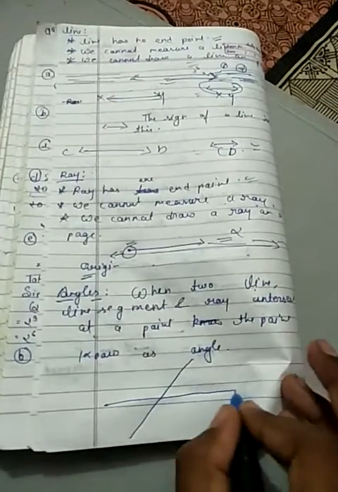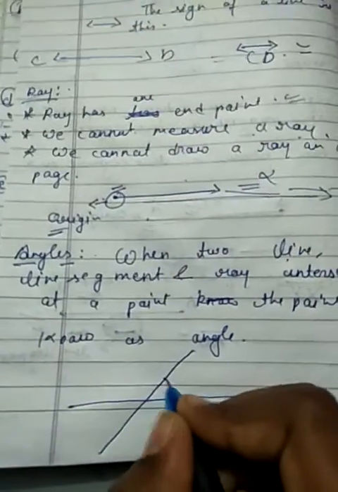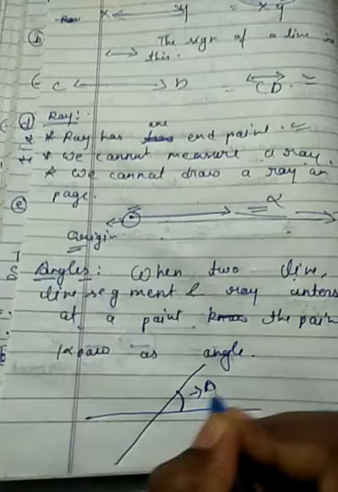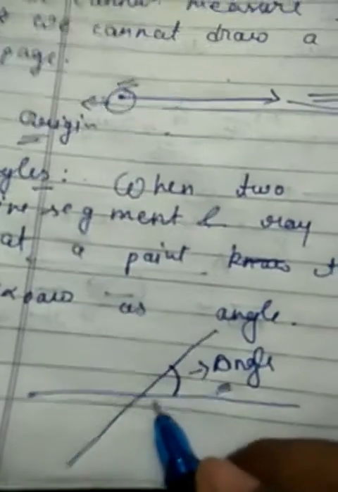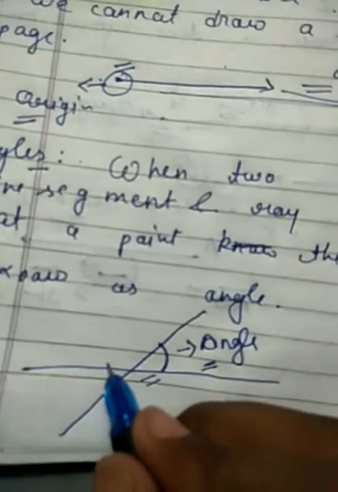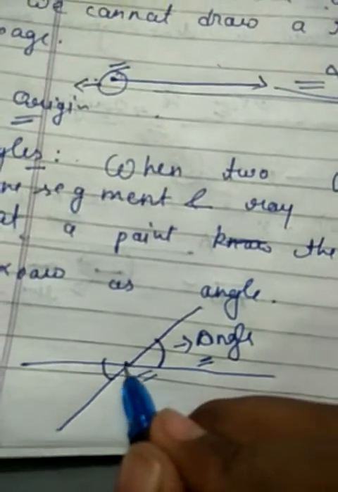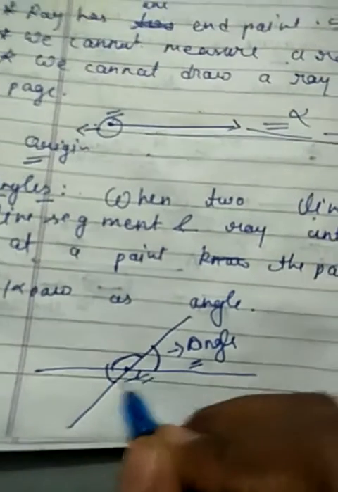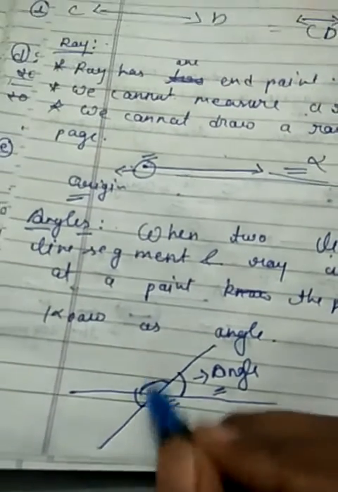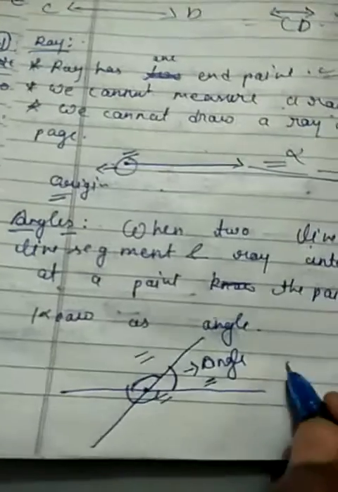Like a line segment is going and a ray cuts it. So here an angle is formed. Here an angle is formed. Here also angle is formed because two lines intersect. Here also angle is formed. Here also. So you know very well how the angle is formed.